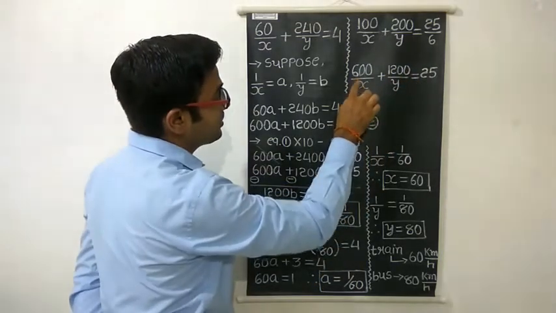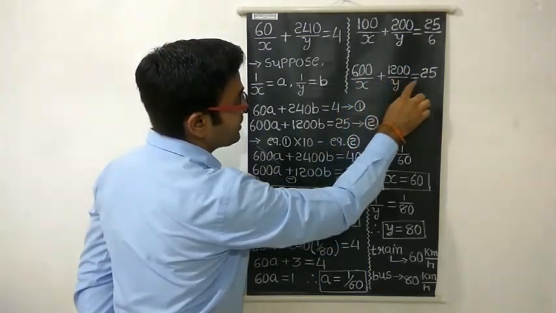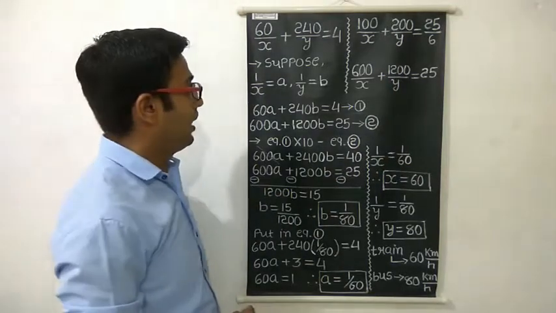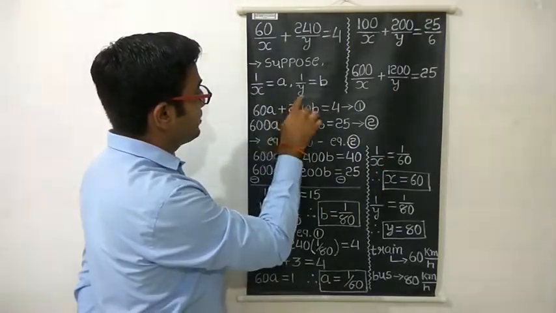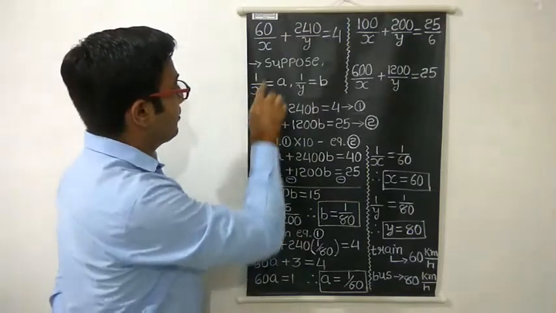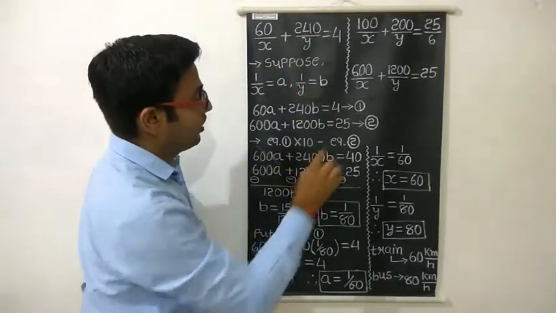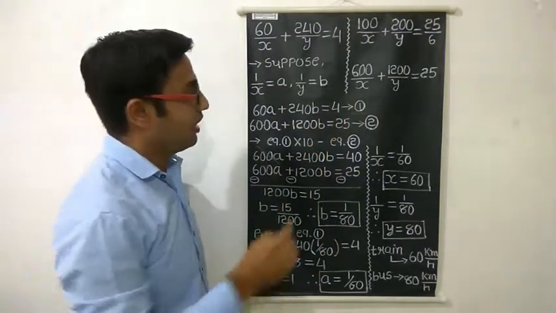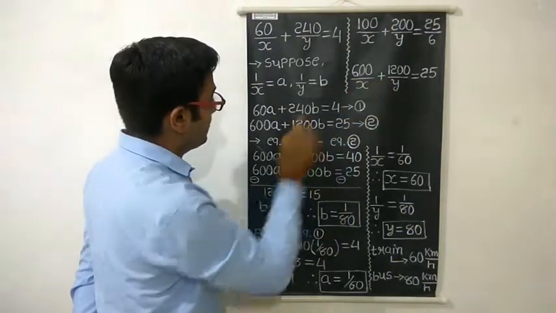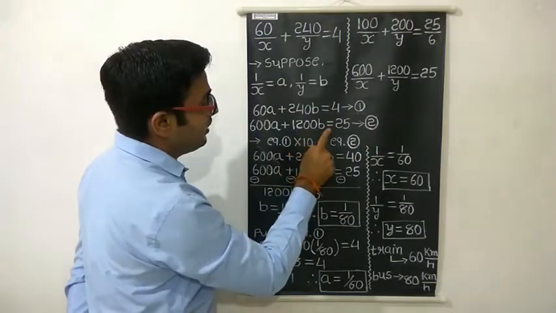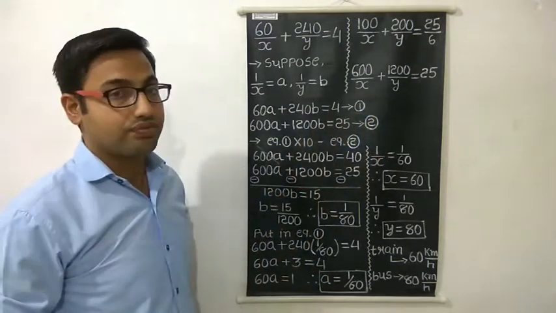So this will become 600 upon x plus 1200 upon y is equal to 25. So now applying both these things, the first equation becomes 60a plus 240b is equal to 4. Call it equation number 1. And the second equation becomes 600a plus 1200b is equal to 25.